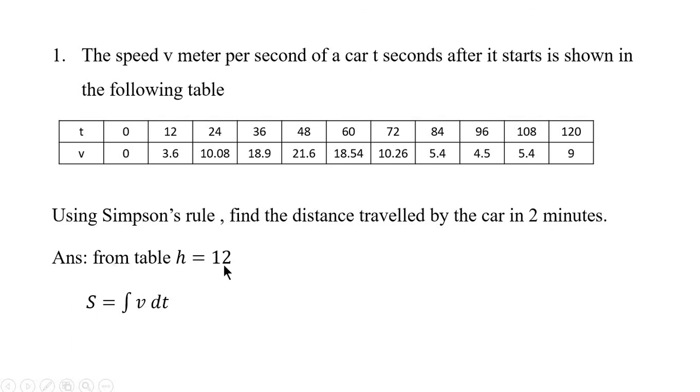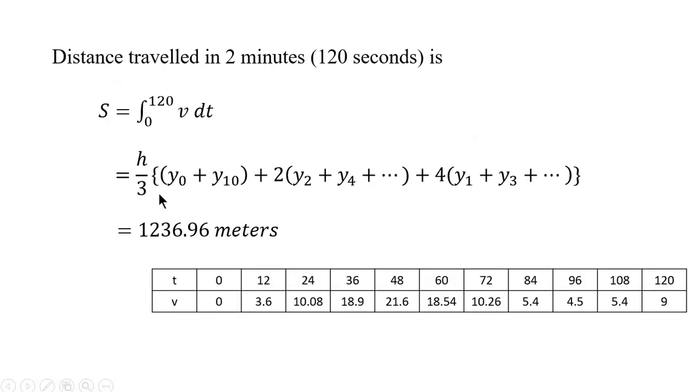So from the table h is equal to 12: 0, 12, 24, 36, 48. So our step size is 12. To find out the distance travelled, we have to integrate speed. And since distance travelled is calculated up to 2 minutes, that is up to 120 seconds, we can integrate from 0 to 120 speed into dt.